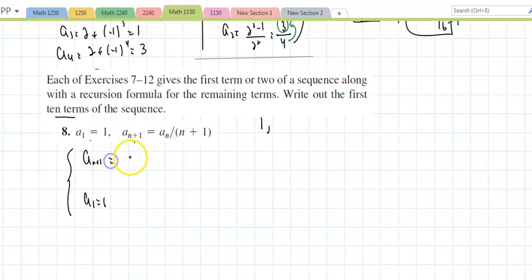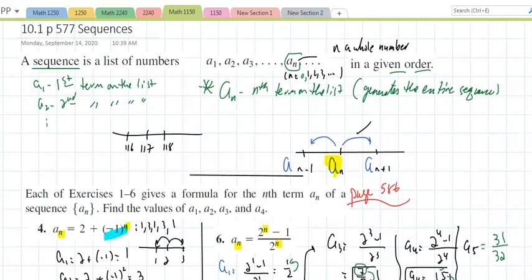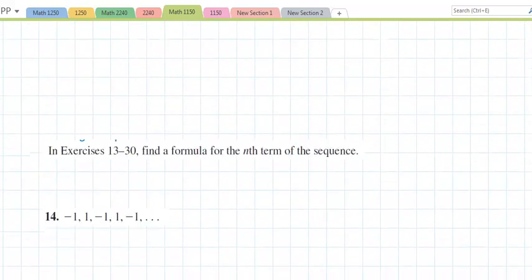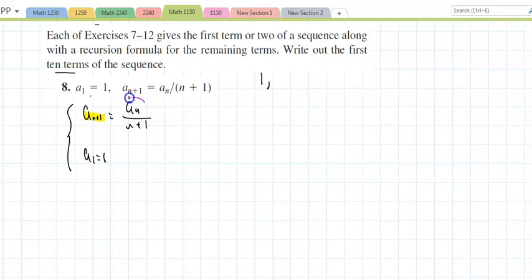a sub n is a sub n minus 1 divided by n plus 1. So if you think about it, to find any term, now do you see how those were related? To find any term, in this case, I'm going to take the previous term and divide it by this number.